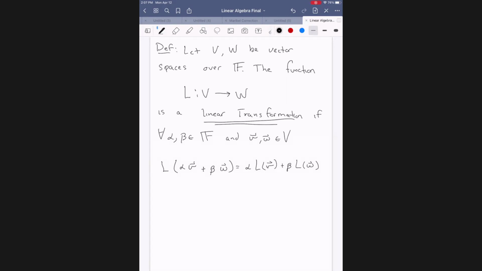Just FYI, what additions are these? Where is this addition happening, and where is this addition happening? Are those the same additions?